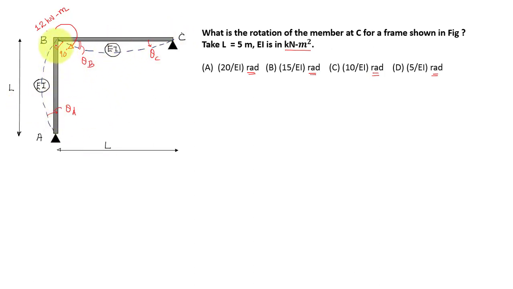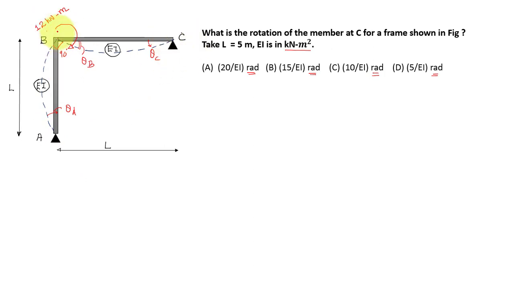That means the stiffness of BA and BC will be equal. So you can directly say that the distribution factor for both these members BA and BC will be the same, because the far end condition is also the same.